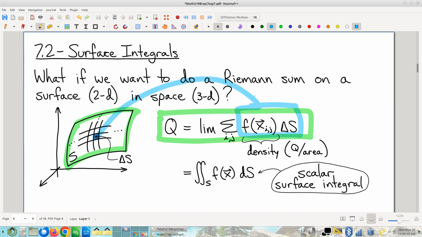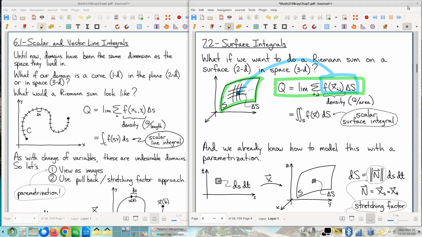Okay. Now, I am going to flash us back to when we did something similar with curves. You'll recall that when we first looked at line integrals, we were looking at a curve in space, and oh my gosh, how are we going to make an accumulation argument on a curve? Well, chop it into little pieces, and there it was stuff per unit length times length.